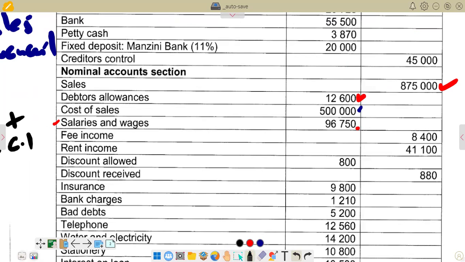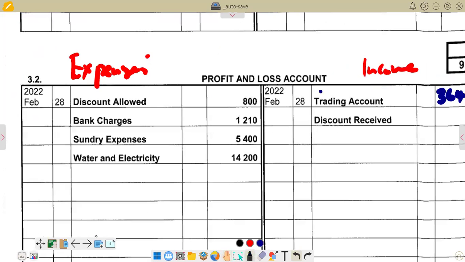So we are coming here to the answer section. For salaries and wages, remember, we also have the working that we need to put there.